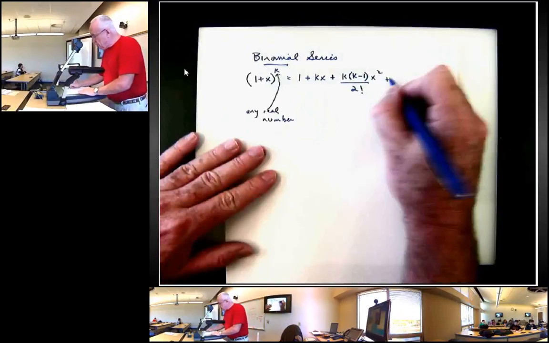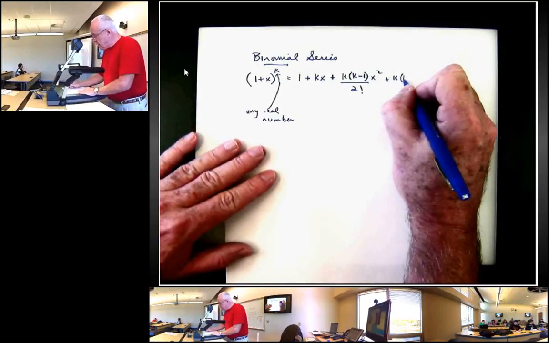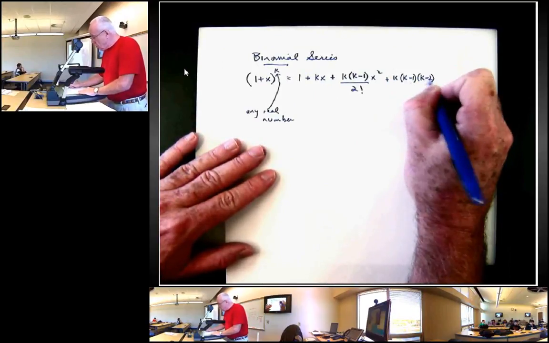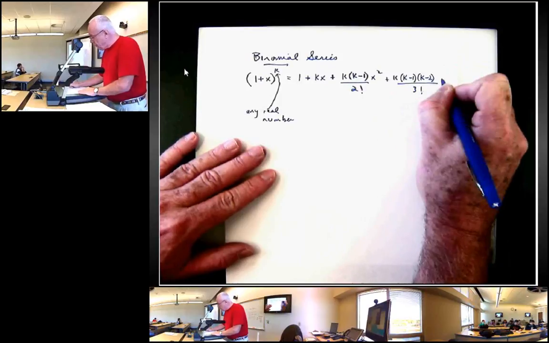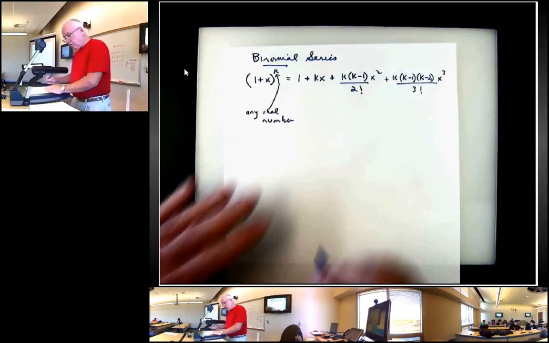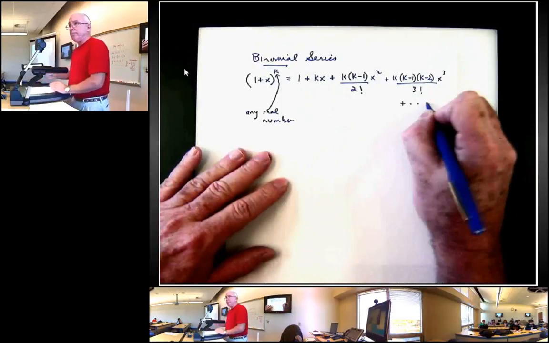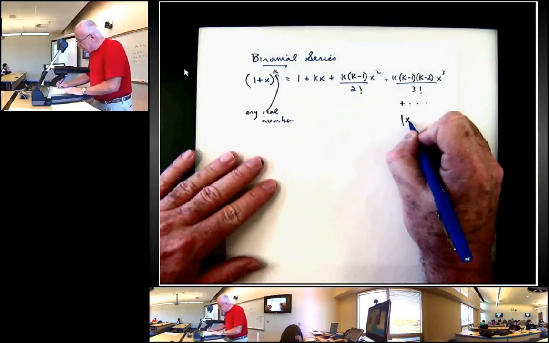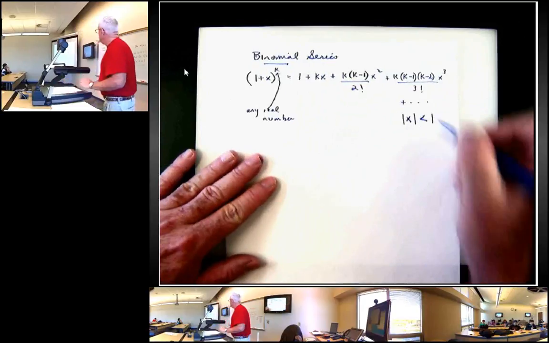The next term is k times k minus 1 times k minus 2 over 3 factorial, multiplied by x to the third power. And this continues on. This is all fine as long as the absolute value of x is less than 1.